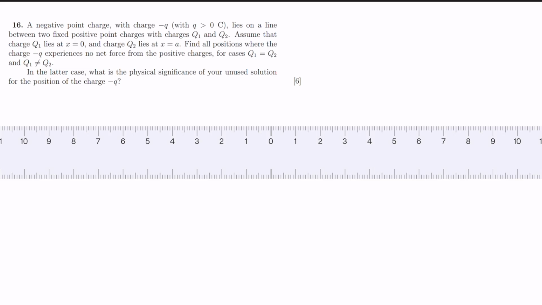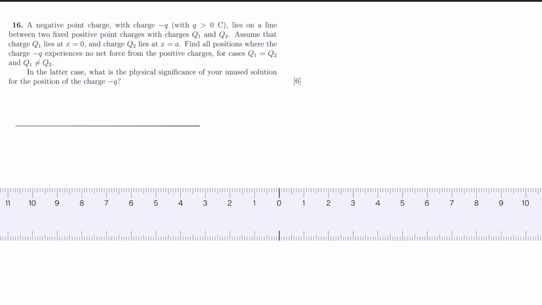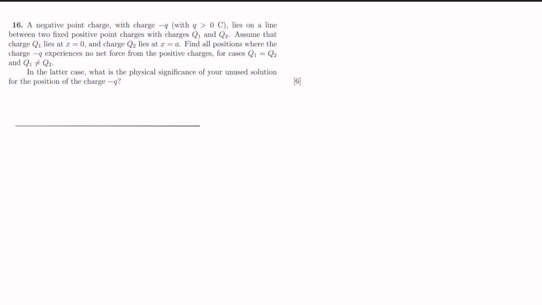So we have a negative point charge with charge minus Q lies on a line between two fixed positive charges. Okay, so let's just draw this. So here is our line like that, and we are going to have Q1 on one side. We're also going to have Q2 on the other side.